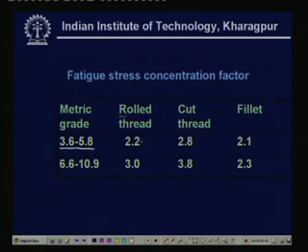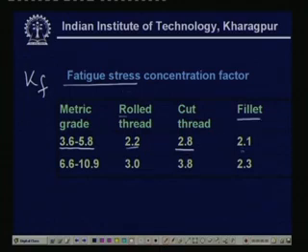For the rolled thread we have 2.2 fatigue stress concentration factor, remember this is Kf. For cut thread it is 2.8, again because this is a different procedure of making the threads. So, they will introduce different stress. So, therefore, the fatigue stress concentration factor, these two are different.